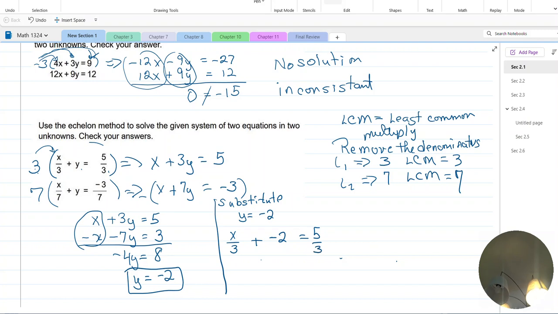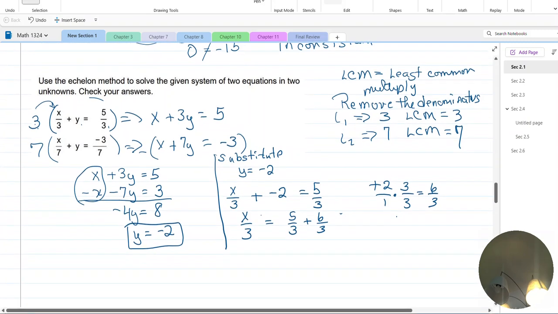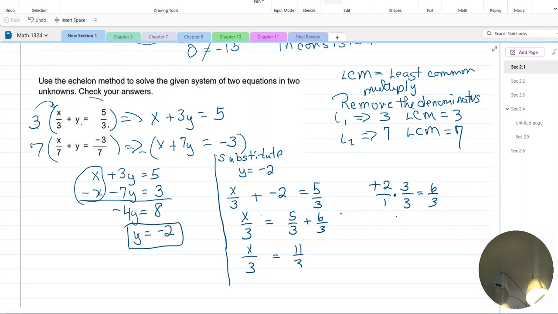So I'll have x divided by 3 plus a negative 2 equals 5 over 3. All right. So I'm going to add 2 to both sides. So x over 3 equals 5/3 plus 2. Well, plus 2, we're going to change to 3's. And that's going to be a 6 over 3. All right. So now what I have is x over 3 equals 11/3.